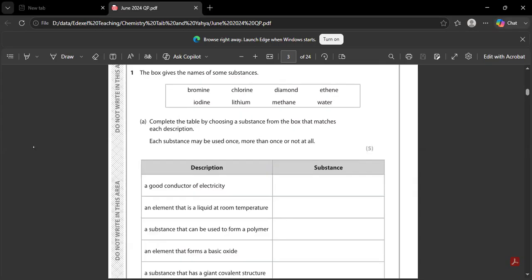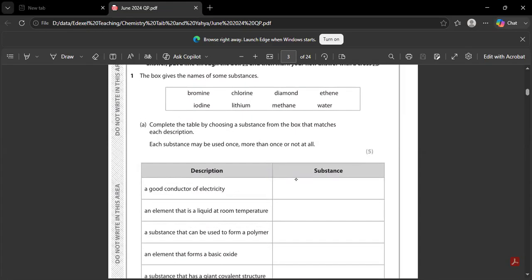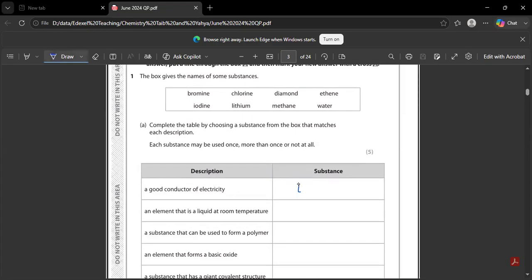Diamond is a non-conductor, an insulator. So it should be lithium. An element that is liquid at room temperature should be bromine.